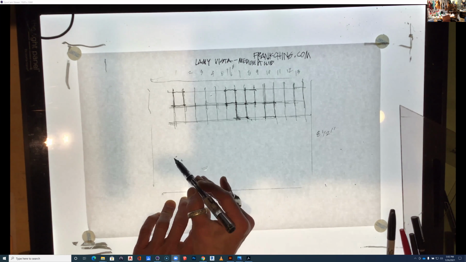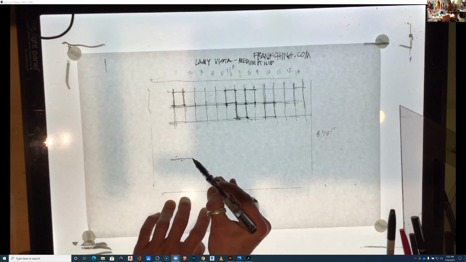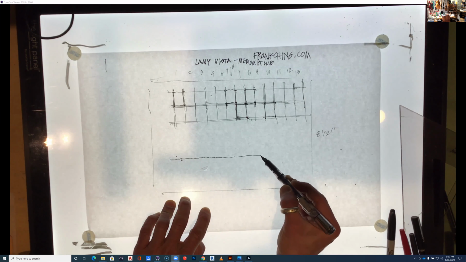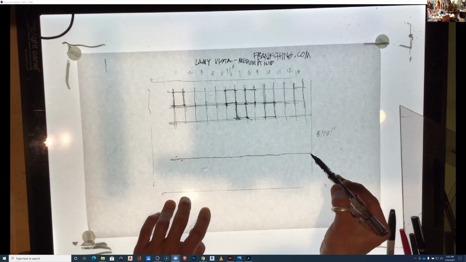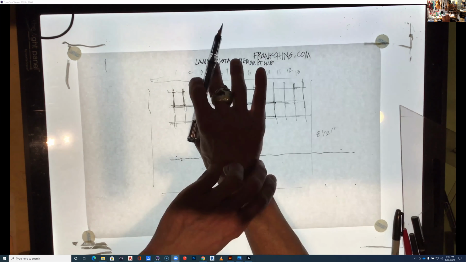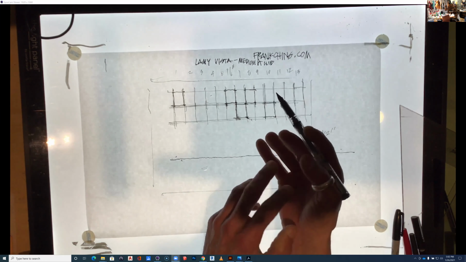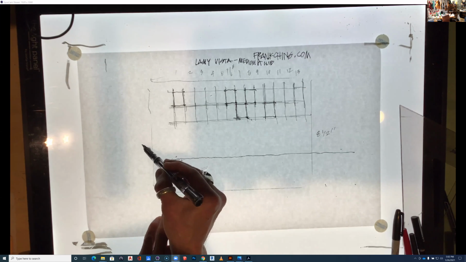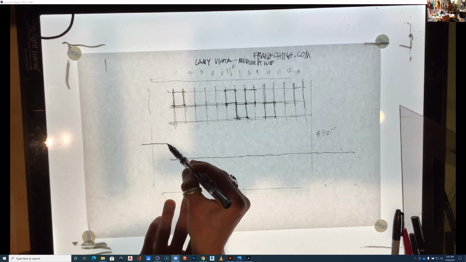You want to maintain, you see how I'm moving all parts of my hand? There's compensation in the wrist, in the fingers, in the elbow, in the shoulder, when you're drawing straight lines.